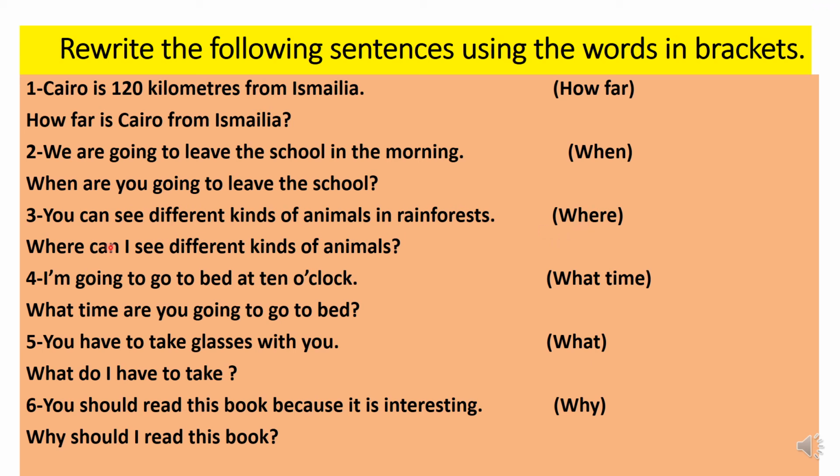Use where. Then the auxiliary verb is can. Where can you? You change it to I. So where can I see different kinds of animals?